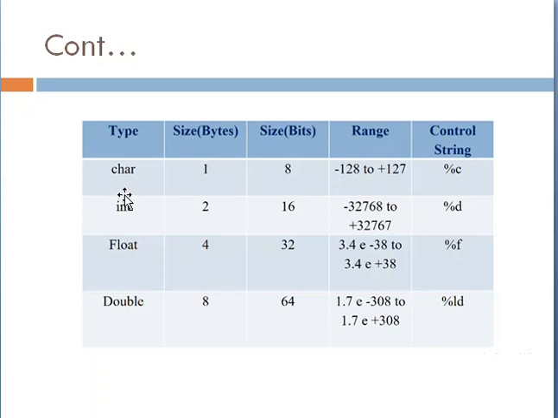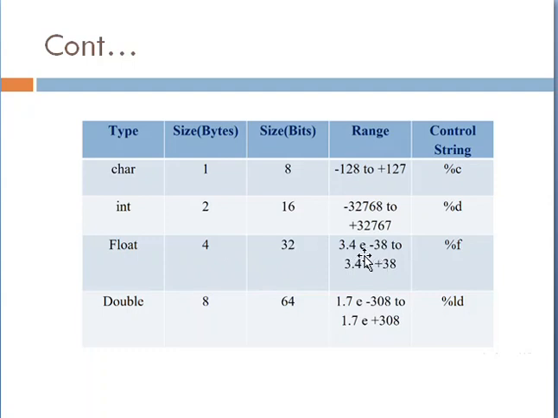Okay. So char: the size in bytes is 1, size in bits is 8, and the range is -128 to +127. We declare the control string with the symbol %c. Int is size in bytes 2, bits 16, and the range is -32768 to +32767, with the sign %d. Similarly float is 4 bytes, 32 bits.